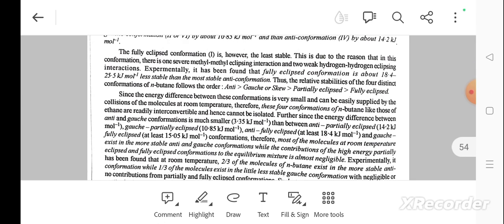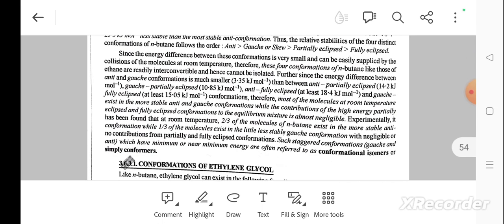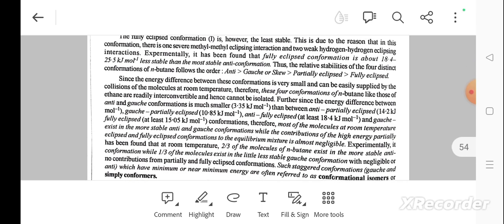The fully eclipsed conformation, first, is however the least stable, and this is due to the fact that in this conformation there is one methyl-methyl eclipsing interaction and two hydrogen-hydrogen eclipsing interactions. Experimentally, it has been found that the fully eclipsed conformation is about 18.4 to 25.5 kilojoules per mole less stable than the most stable anti conformation.